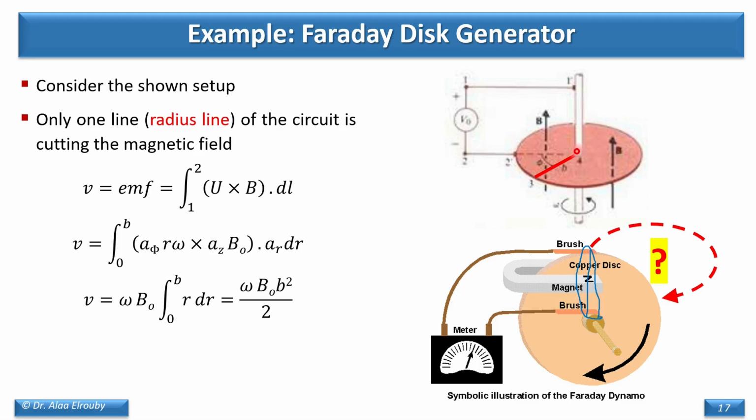This radial line of the disk will cut the magnetic field, and if we have a constant speed, there will be a potential difference along those two points. If we put brushes, one brush at the center and one brush at this side, as shown here, we have a brush at the center and a brush at this side.